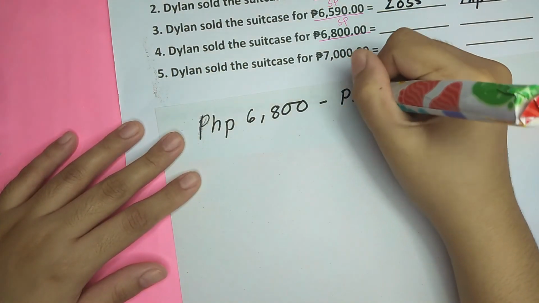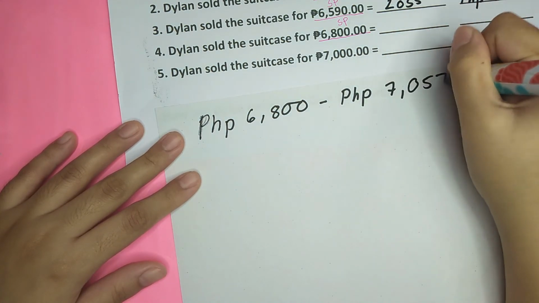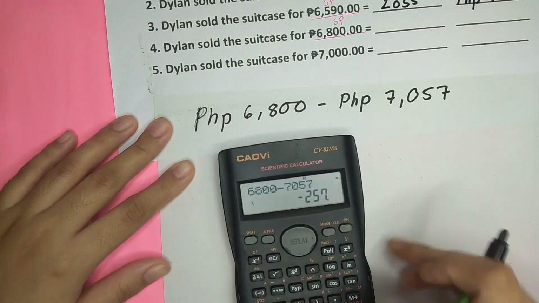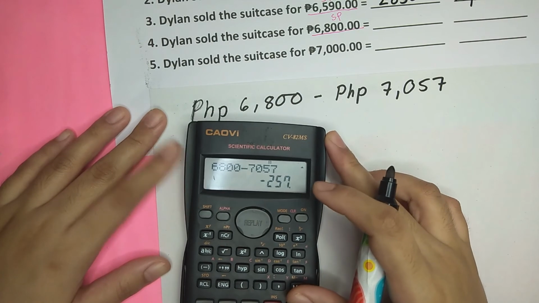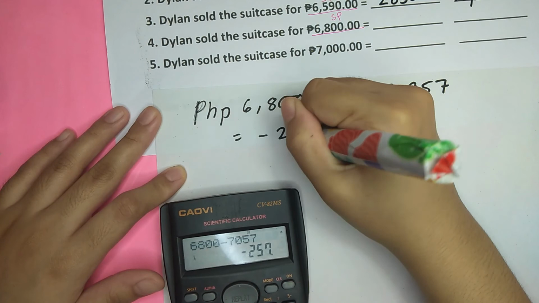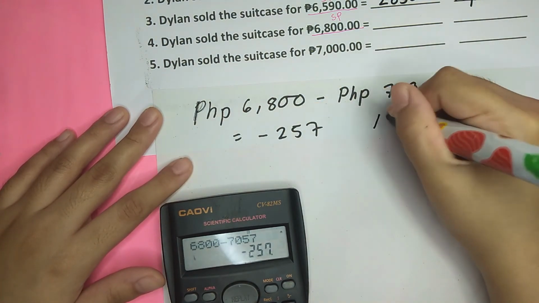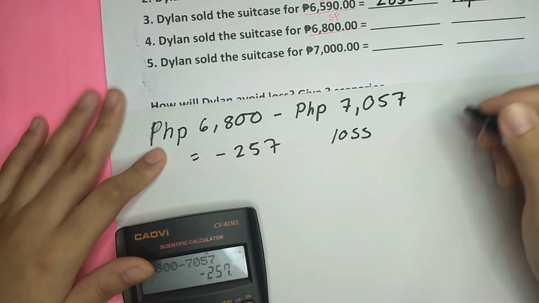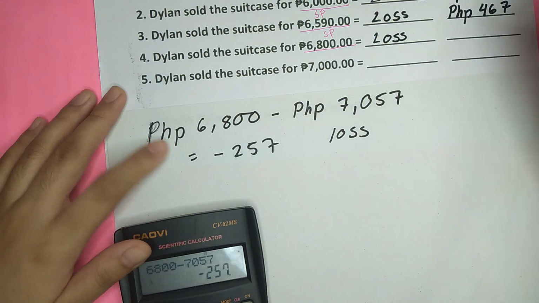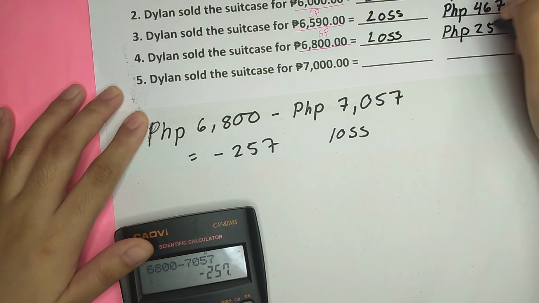So, parehas lang. Katulad ng mga kanina, 7,057 pesos. So, pag minus yan, ang makukuhang sagot is negative 257. Dahil negative ulit, yan ay loss. So, sulat natin dito sa number 4. Loss. And nalugi siya ng 257 pesos.